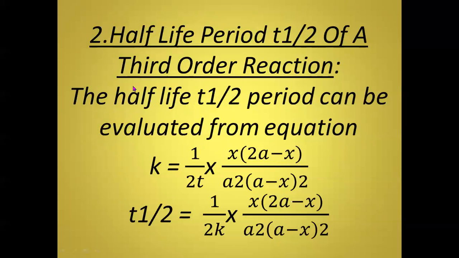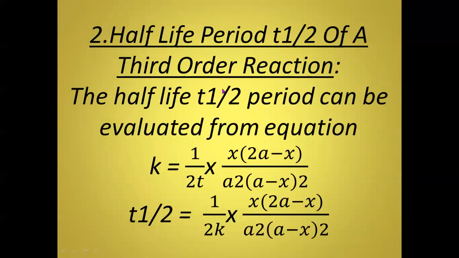Second one is half-life period. Generally, half-life period is represented by t half, and we are trying to find the equation for the half-life period of a third order reaction. What is the half-life period? The time required to convert half of the initial concentration of the reactants into product.